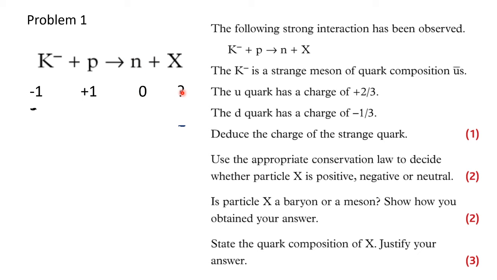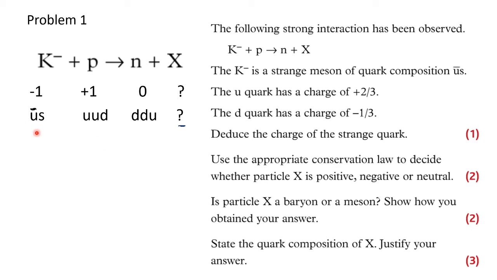Now when we look at the left and right charge, as charge needs to be conserved, and the reaction has been observed, it has happened, so you can assume that charge is conserved. Left is -1 +1, which is 0, right side is 0, so the charge on X must also be 0.